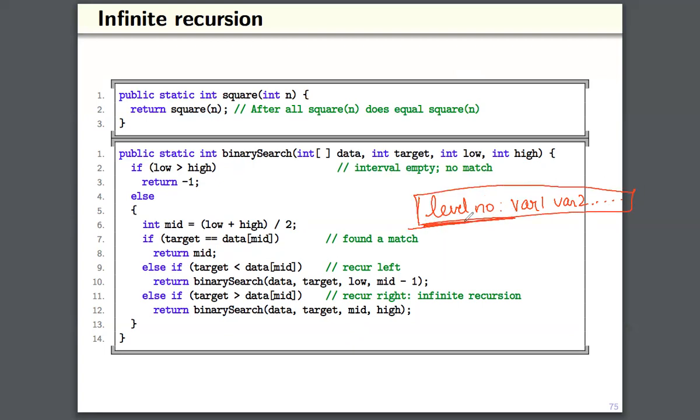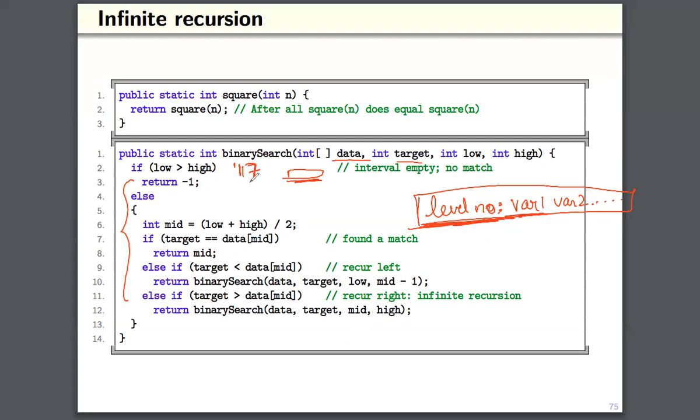You need to know which level you are at. What are the variables? Suppose you are calling this at the 17th level. What is the subproblem here? What is the low? What is high? What are the data values? What is the target? Then you can recreate that subproblem and try to debug it.